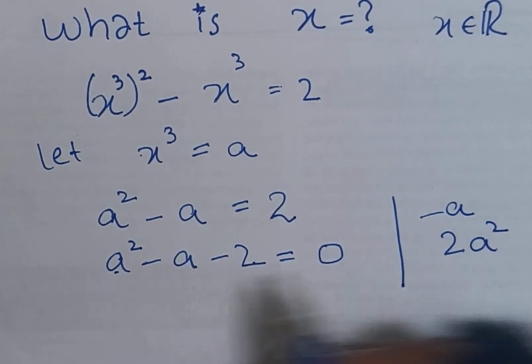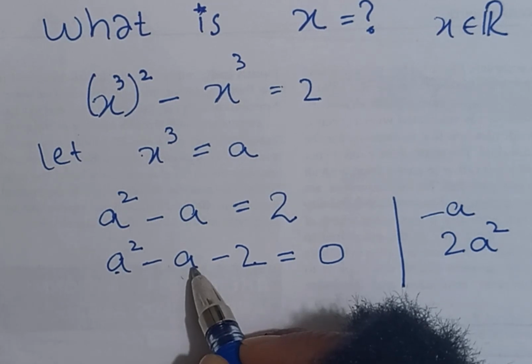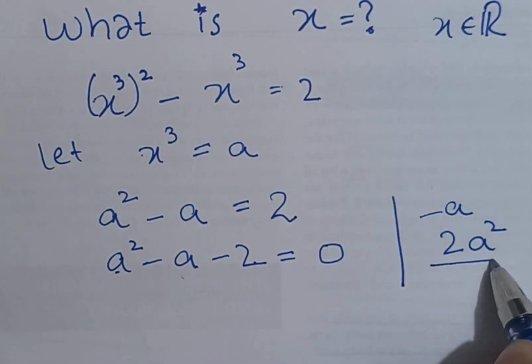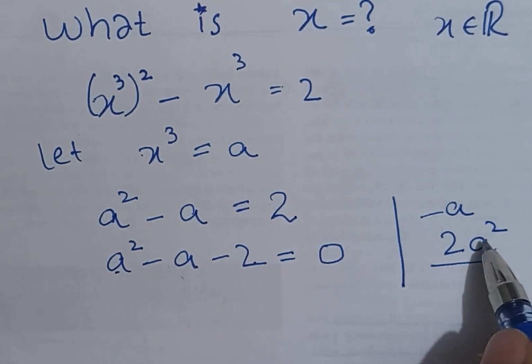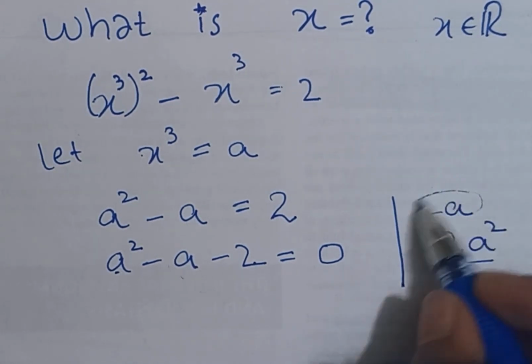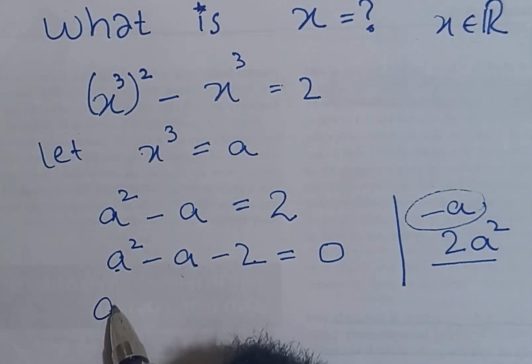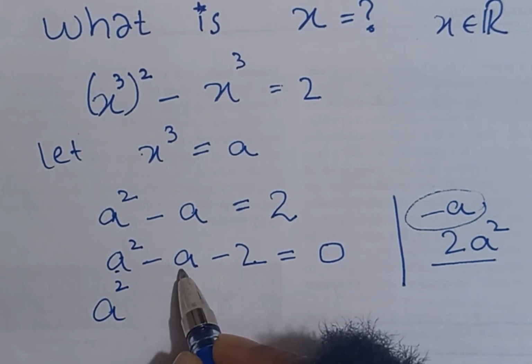So in the next step, we split the middle term minus a into two terms such that if we multiply these two terms, we get minus 2a raised to the power 2, and if we add them, we get minus a. So we split minus a into two terms.